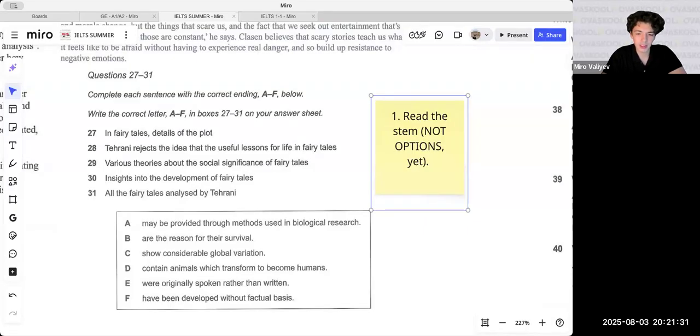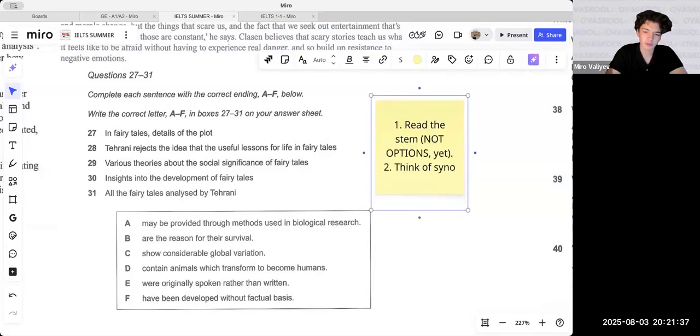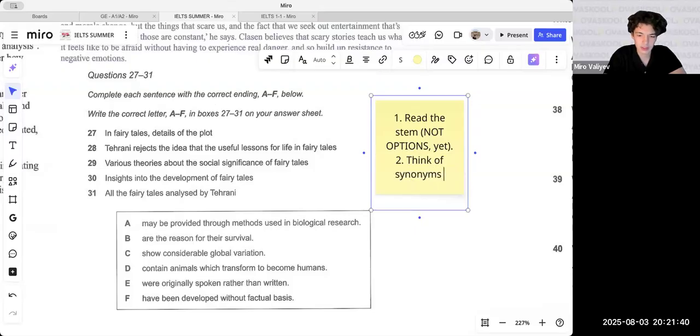And then we need to think of synonyms and how to paraphrase the stem.